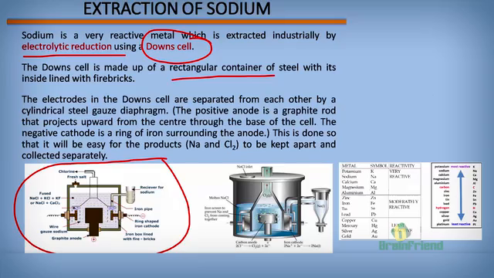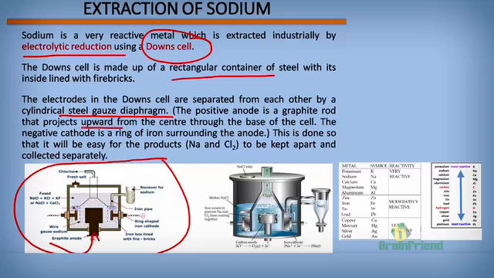Fire bricks, all right? And the electrodes in the Downs cell are separated from each other by a cylindrical steel gauze diaphragm, okay? So the positive anode is a graphite rod that projects upward from the center through the base of the cell. So here we have the graphite rod, okay?